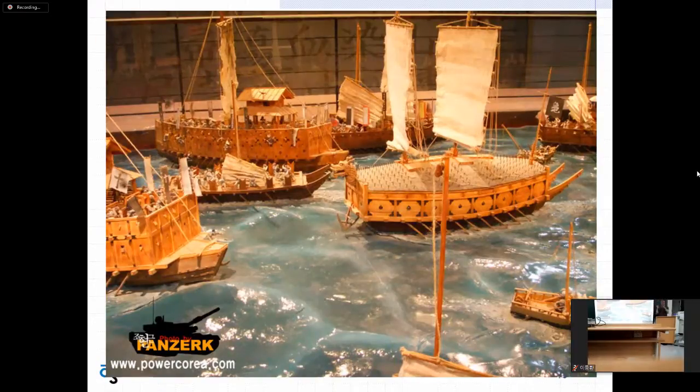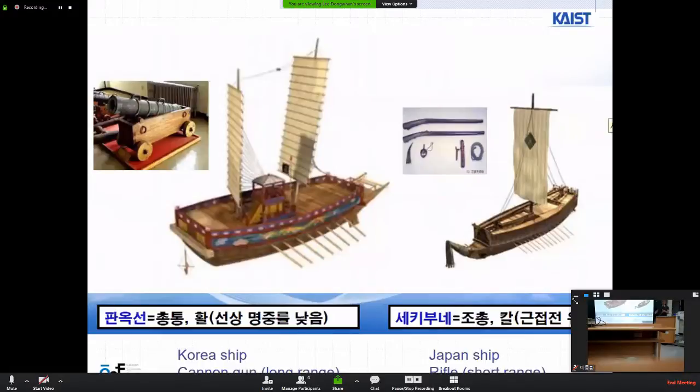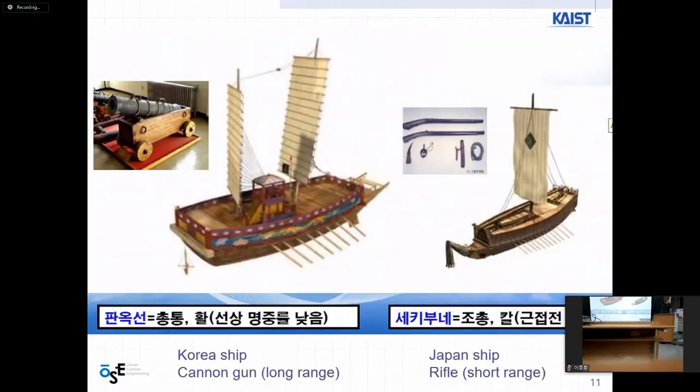So we call this a protection, a cladded steel plate. But the big difference comes from the fact that they use guns, big guns, rather than the Japanese warriors who use short range rifles rather than cannon.